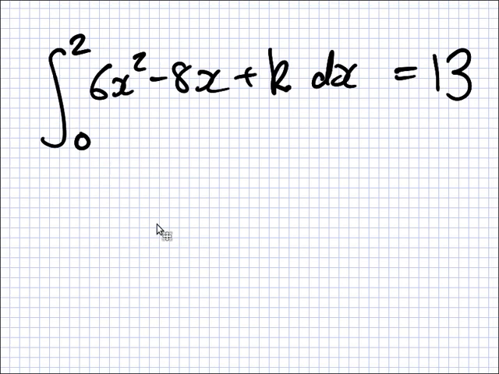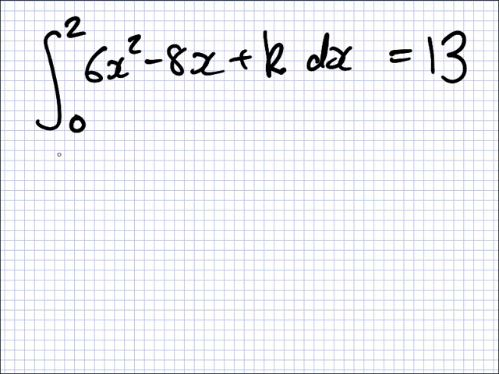So let's do this one. It shouldn't take us too long. Let's integrate. So what does the first piece become? 3x to the power 3. It's 6x cubed over 3, which is 2x cubed. And then this one is 8x squared, 4x over 2, 4x squared.